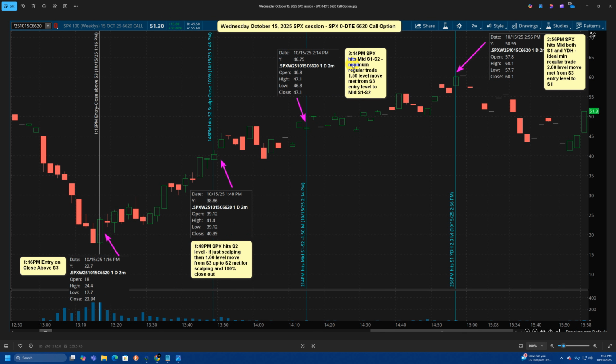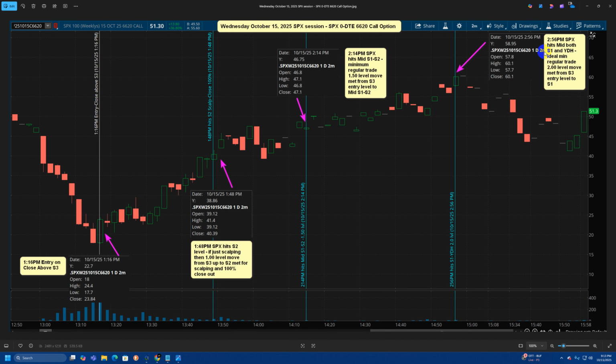Okay, at 2:14 p.m. SPX hits mid S1, S2. Remember, that is the minimum regular trade 1.5 level move, starting from the S3 level where the trade was derived from. So S3 to mid S1, S2, close of the candle $47.10. So now we're up to approximately just under $2,400 per contract. And at 2:56 p.m. it hits both, I'm sorry, another typo here, this should not say mid.